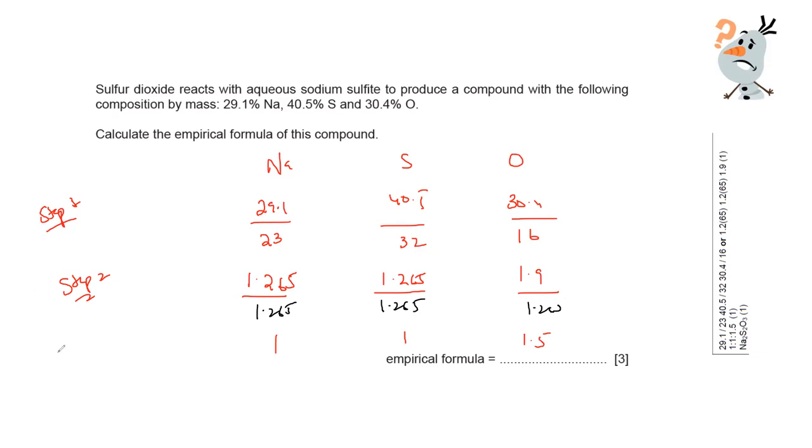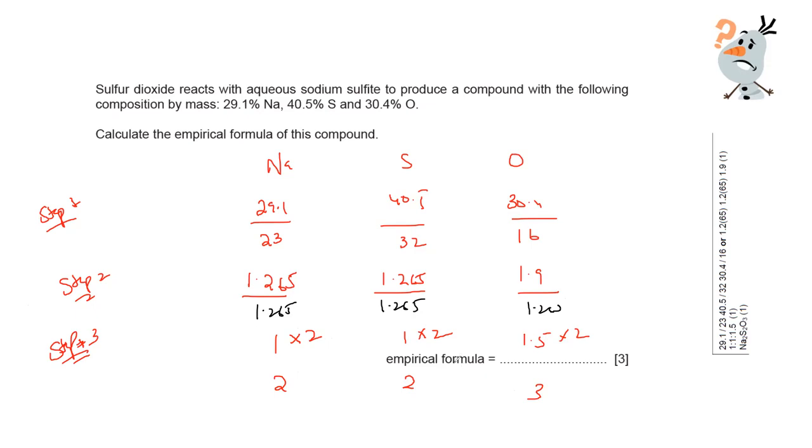Step 3 is we have to make the simplest ratio in whole numbers. If one of the values is 1.5, 2.5, 3.5, we multiply all of them by 2. So it will be 2 sodium, 2 sulfur and 3 oxygen.